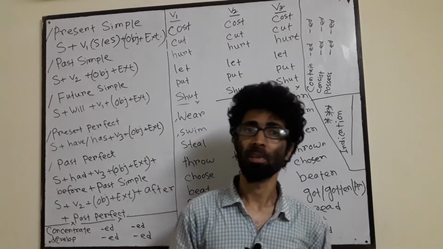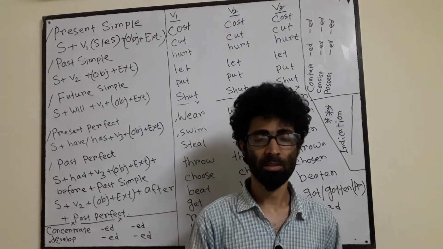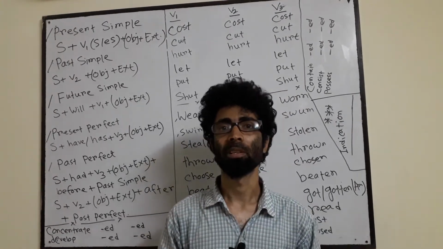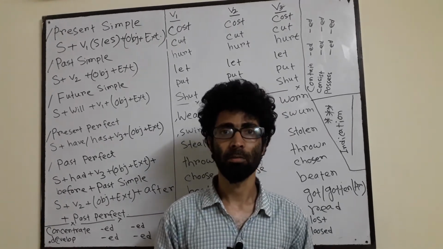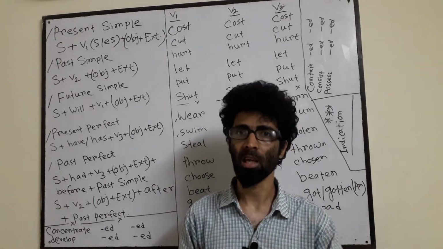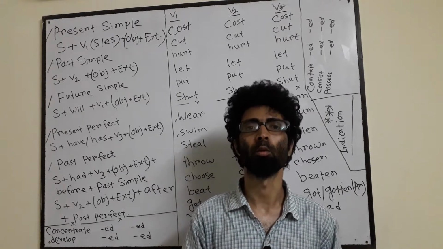Then we can use present perfect and past perfect. Generally in our daily conversations or in our writing, we skip present perfect continuous, past perfect continuous, then future perfect continuous. We don't use them in our daily lives or in our writing, but for academic purposes we have to learn all of them.